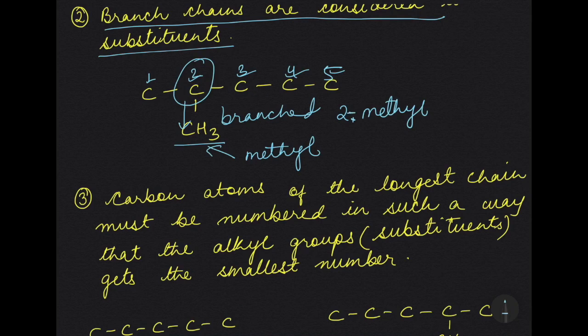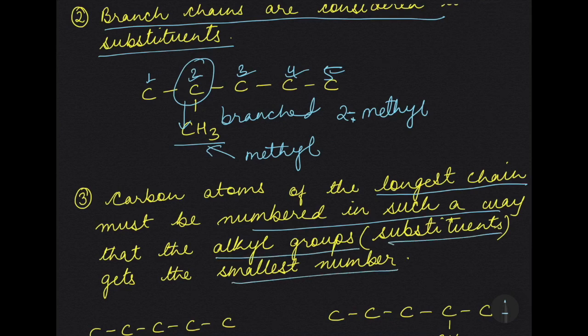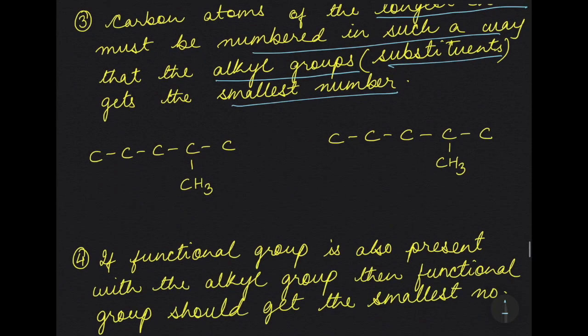Now, moving on to the third rule, the carbon atoms of the longest chain must be numbered in such a way that the alkyl group, that is the substituent group, gets the smallest number. For example, numbering of carbon atoms, 1, 2, 3, 4, 5.